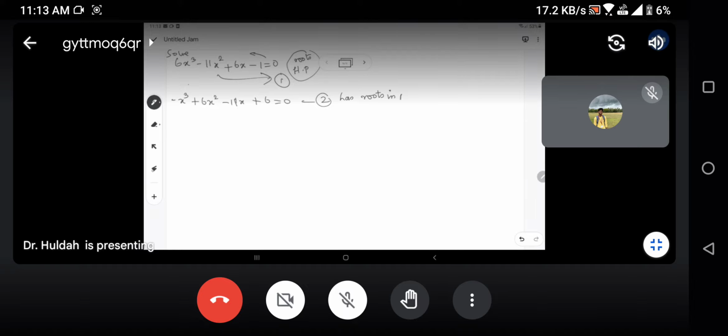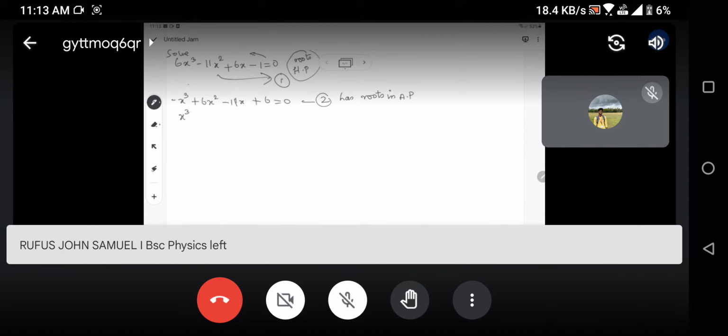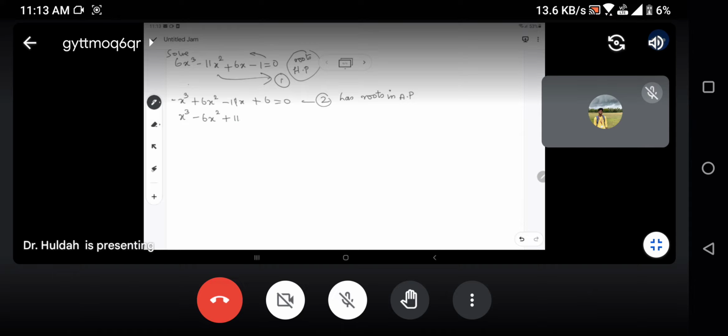Very good. If it's AP, then if you want, you can change the sign. Write the negative sign for everything. I want the first term to be positive, so I'm changing the sign. Maybe I'll call this equation 2. This has roots in AP.